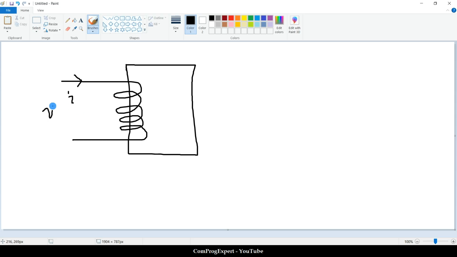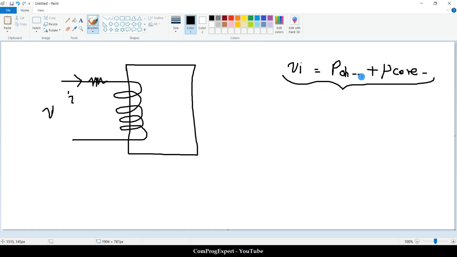The amount of the input power, VI, is equal to the amount of the power loss. We have ohmic loss on the resistance of the coil, and also we have core losses. So in this case, we should include the loss components in the value of the current.